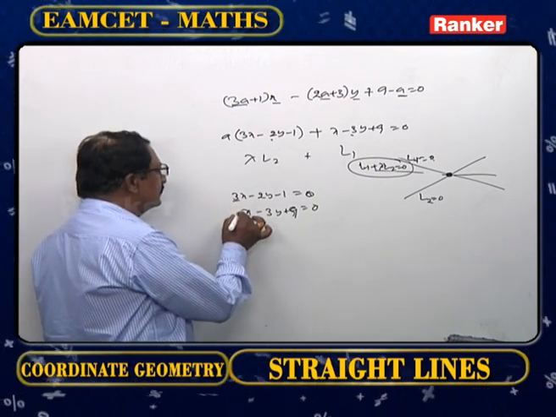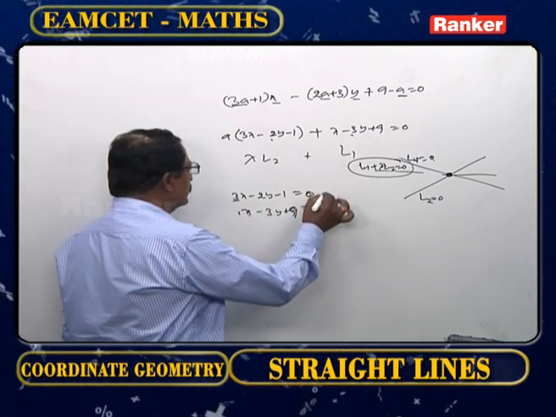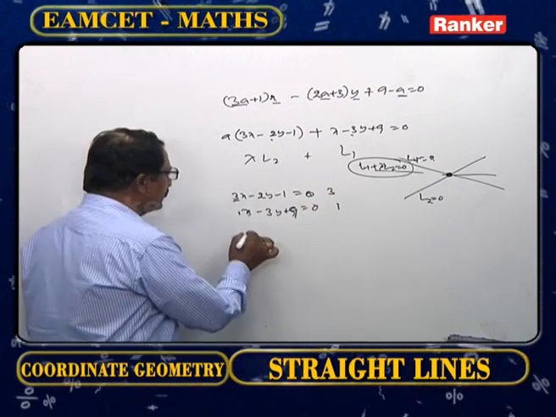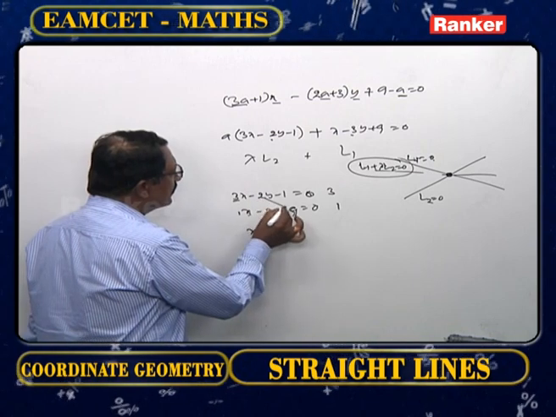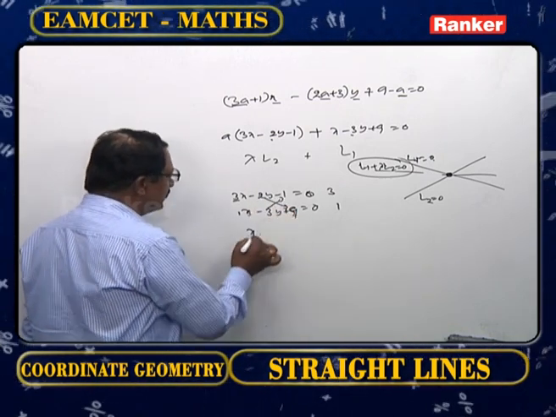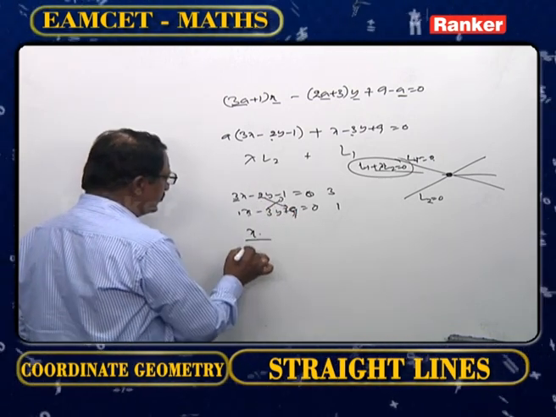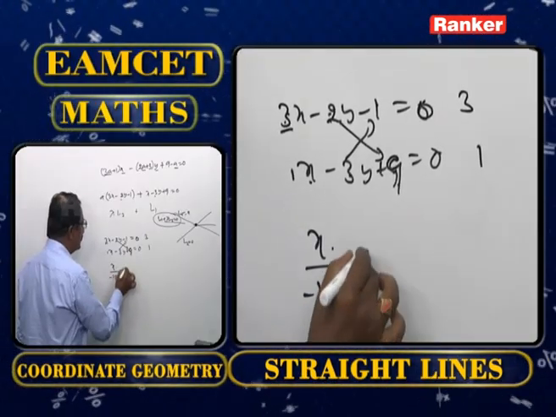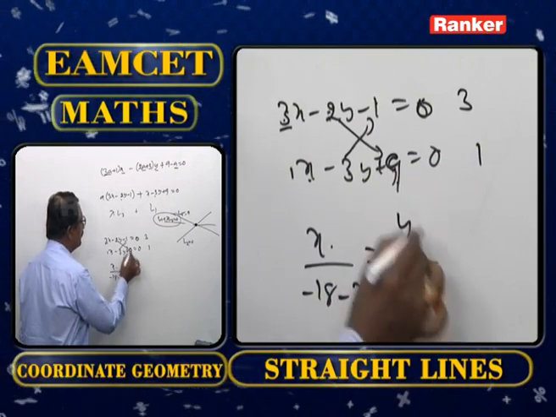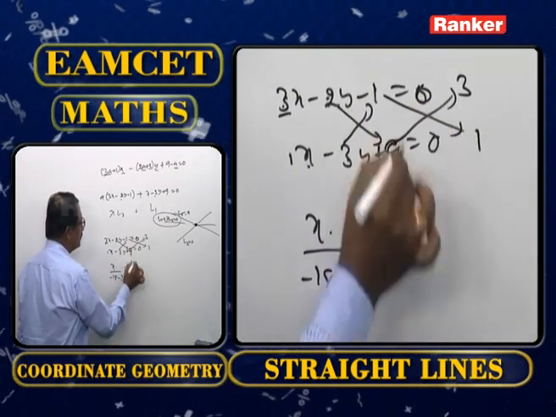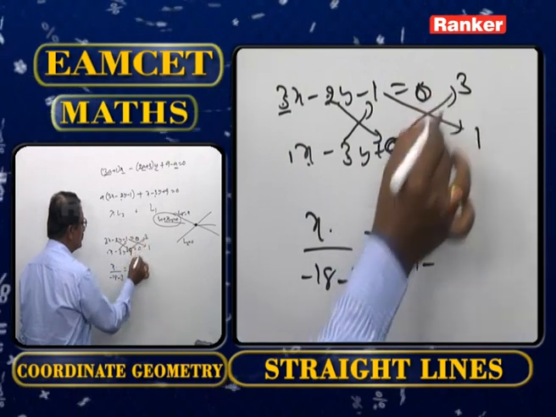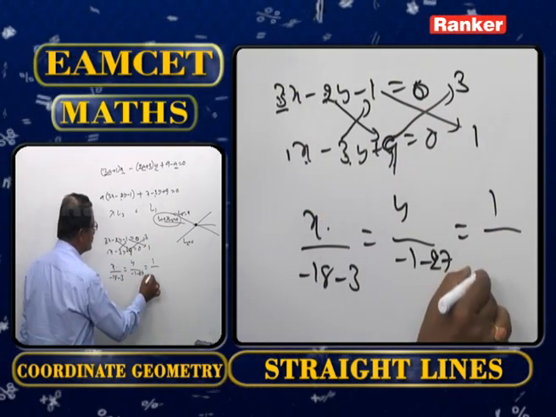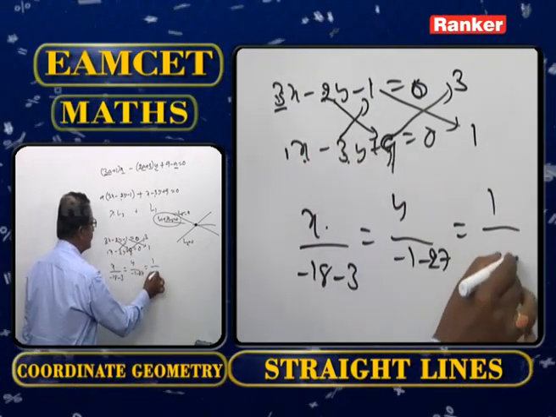Now, just write the coefficients of x and y again. Here the coefficient of x is 3, and of the other equation is 1. Now, x by AD minus BC, minus 18 minus 3, equals y by AD minus BC, minus 1 minus 27, equals 1 by minus 9 plus 2.